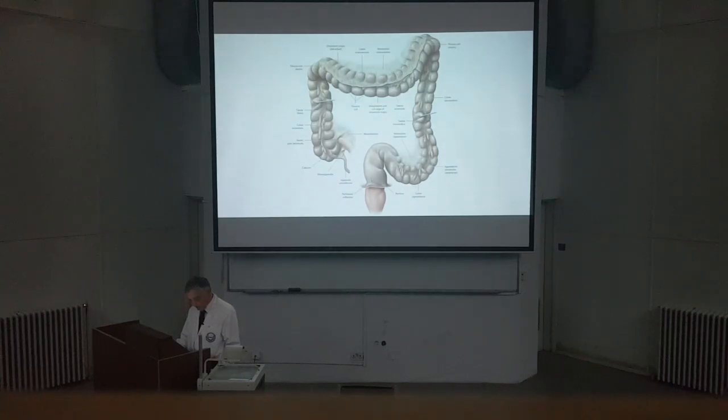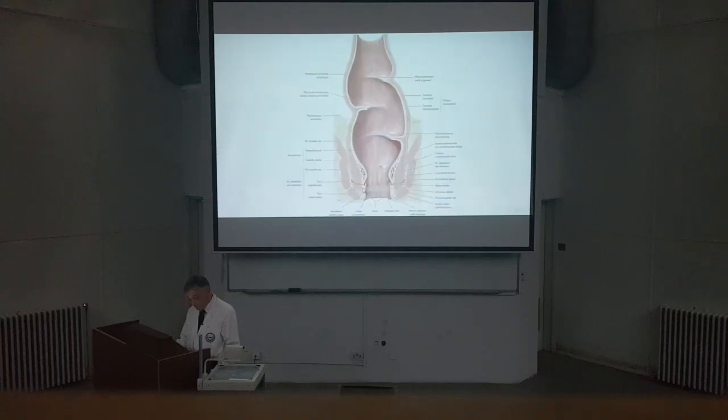The rectum is not covered by peritoneum. It has these three folds of mucous membrane to separate feces from gas. And this is the anal canal, and you have two sets of sphincters.